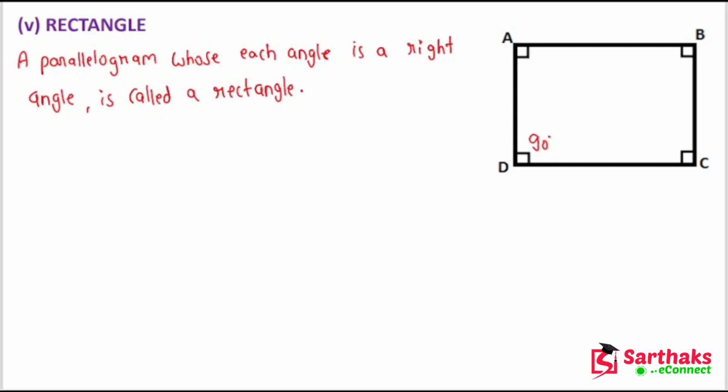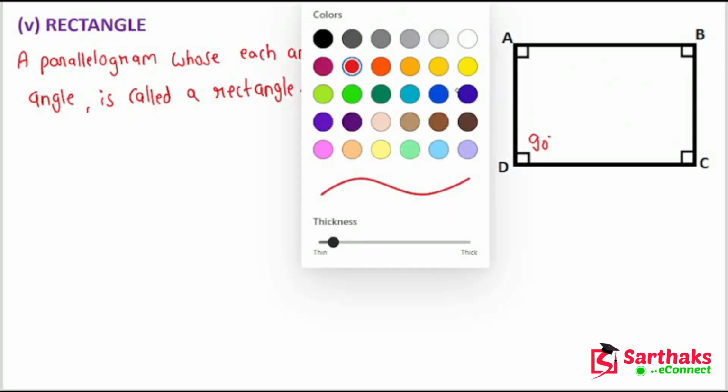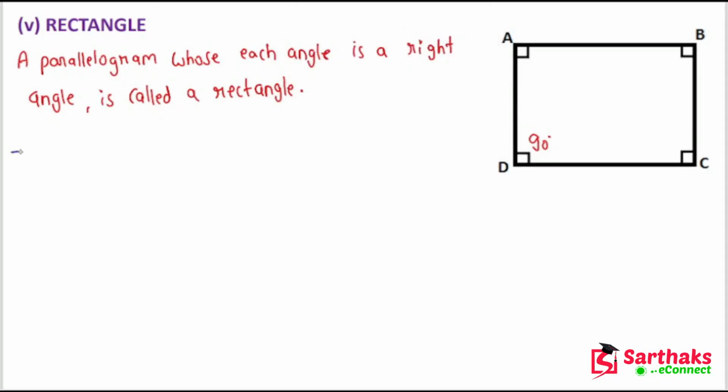So in this rectangle we have all interior angles to be 90 degrees. Now since it is a parallelogram, the properties should apply on it.